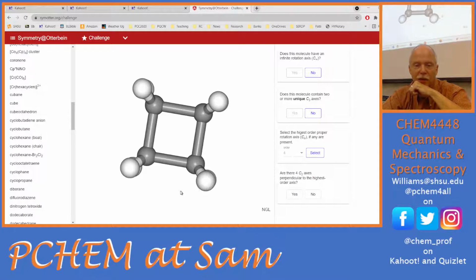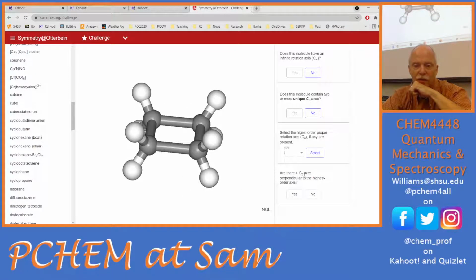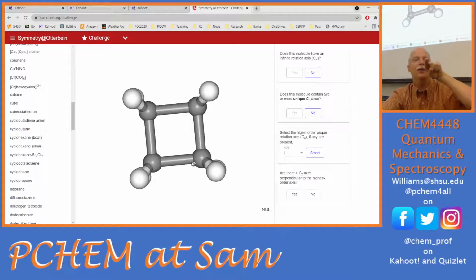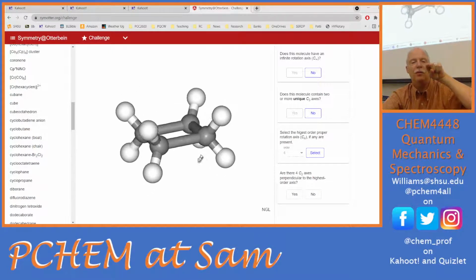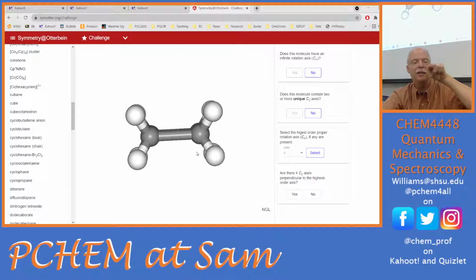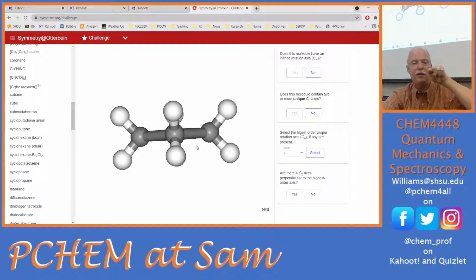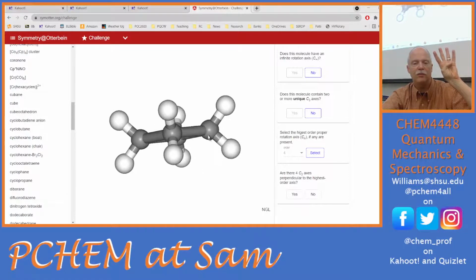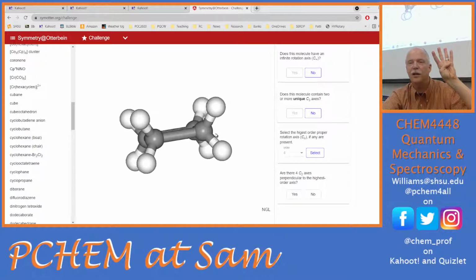And then it's saying, are there 4 C2 axes perpendicular? So we're looking right down our C4 axis, and we want to look 90 degrees to that. Is that a C2 axis? Yes. Is that one? So that's a second one, that's a third one, and that's a fourth one. And if I go any further, I'm actually looking down the other end of the first axis.